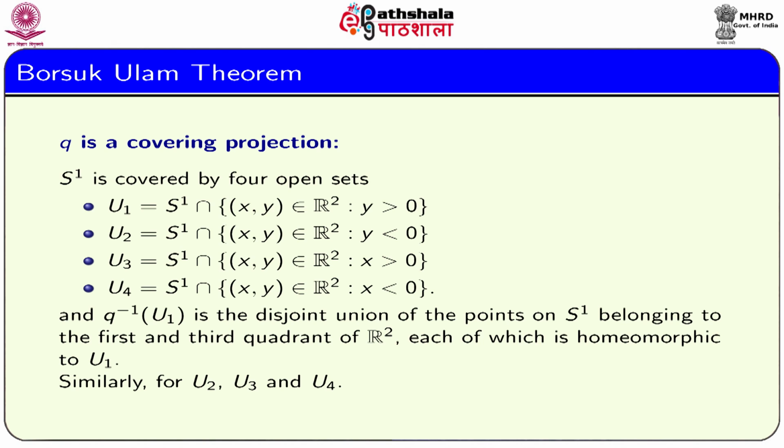We can see that Q inverse of U1 is the disjoint union of the points on S1 belonging to the first and the third quadrant of R2, each of which is homeomorphic to U1. And a similar thing happens for U2, U3 and U4.